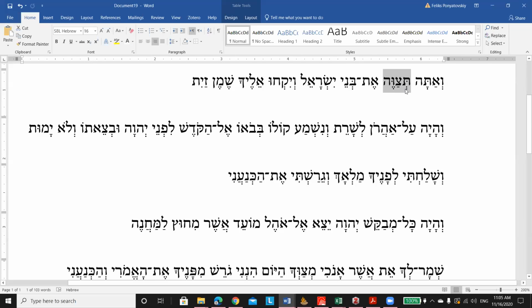And again, we have Shiva here. And Shiva here will indicate that this is? Yikhtol. Yes, this is yikhtol. No. But what stem is this? Piel. Piel, correct. And actually, tziveh doesn't occur in any other stem. I mean, in Kal it doesn't occur. So how can you translate it?